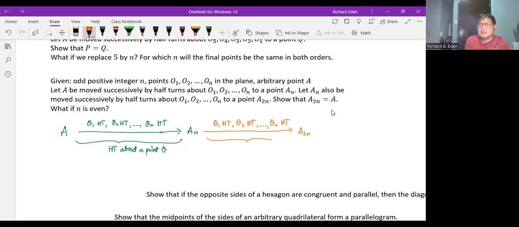But then, as you said, when you perform these half turns and there's an odd number of them, the result is a half turn about a particular point. What is that point? O. Is it the same point O as the one on the left?